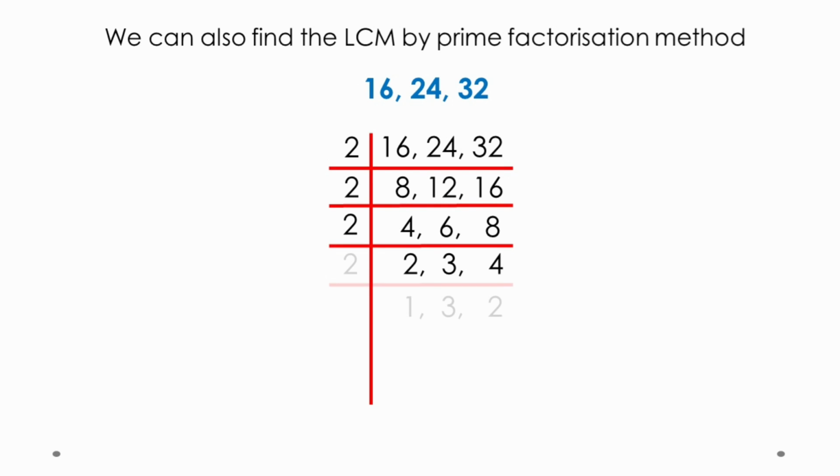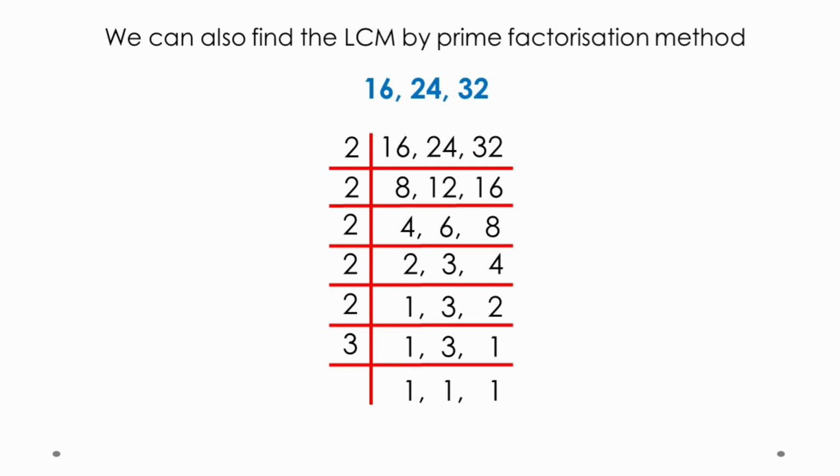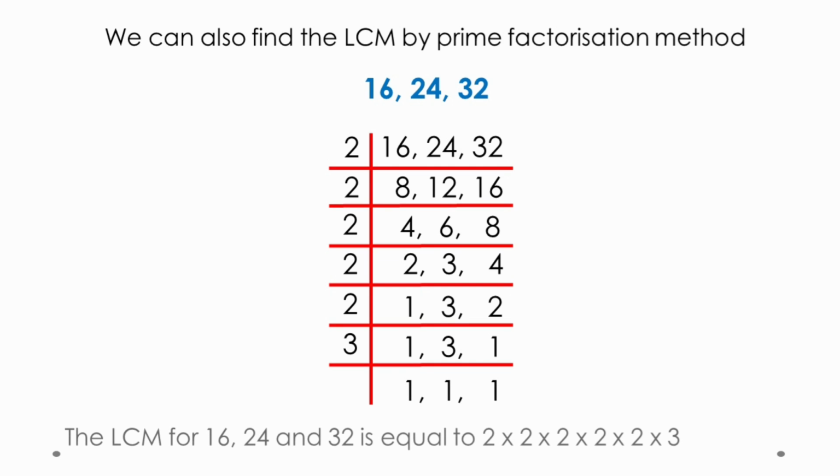We can continue to divide the quotients till it is not possible to divide any quotient by 2. The next smallest prime factor that divides one of the remaining quotients 1, 3 and 1 is 3. Now multiply all the divisors. The LCM of 16, 24 and 32 is equal to 2 into 2 into 2 into 2 into 2 into 3, which is 96.